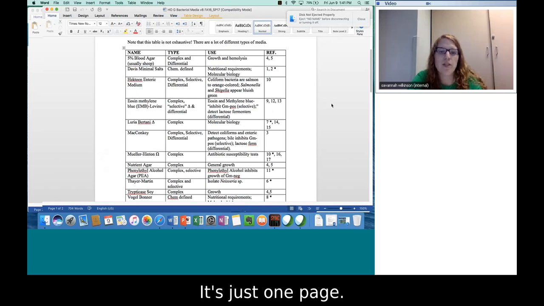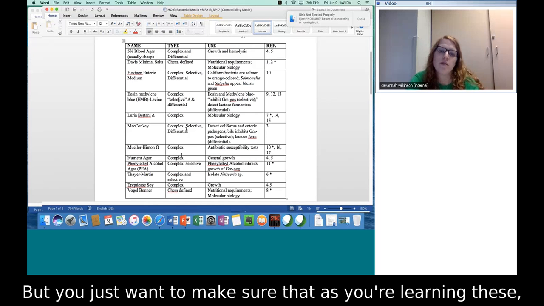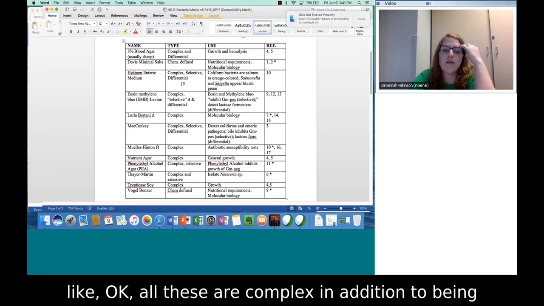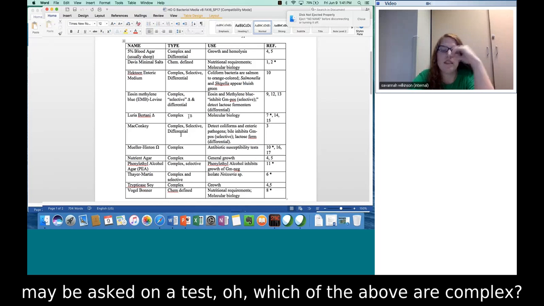It's just one page, and the way to learn this is, yes, the name, but you just want to make sure that as you're learning these, like, all these are complex in addition to being maybe selective or differential. Because someone may ask to test, which of the above are complex?